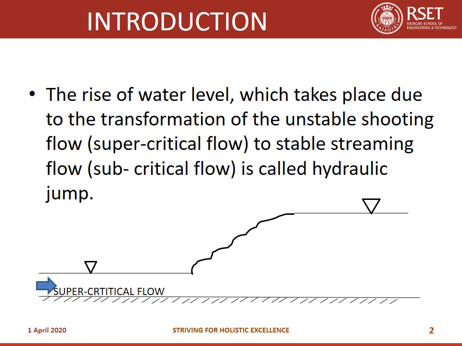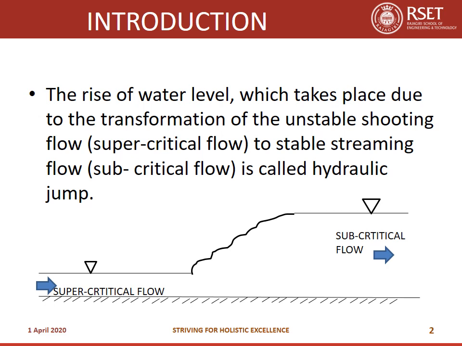So here you can see initially it is supercritical flow. Supercritical flow is characterized by low depth and very high velocity, and here it is getting transformed into subcritical flow. Subcritical flow is characterized by high flow depth and low velocity.